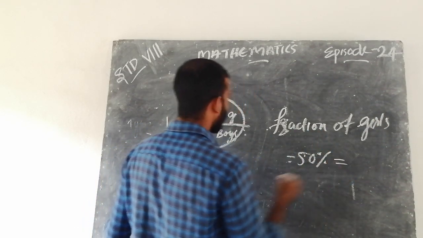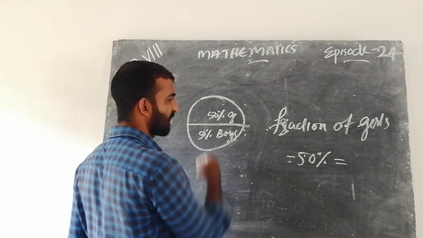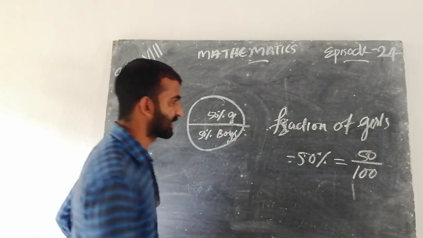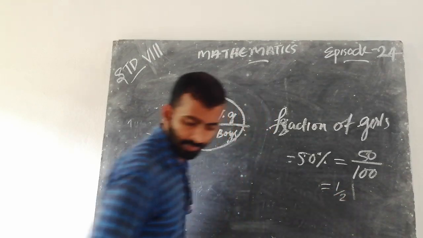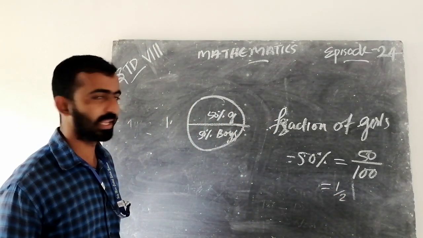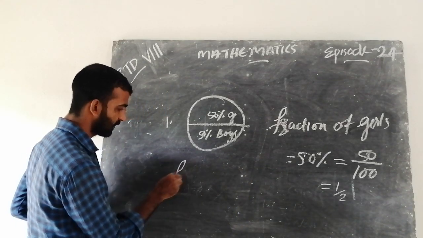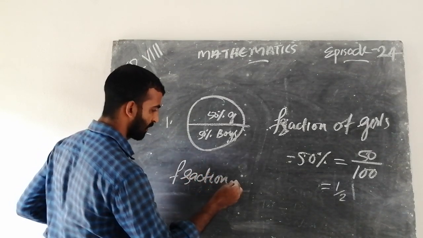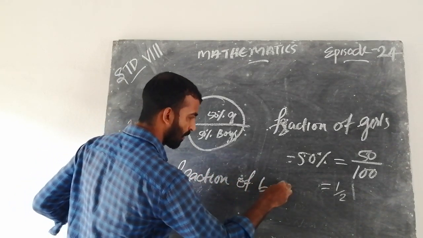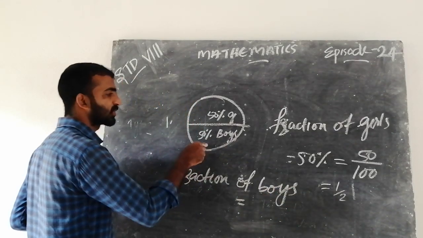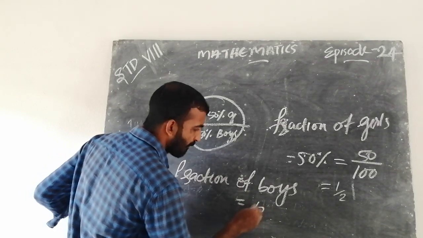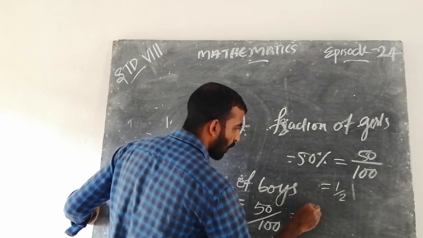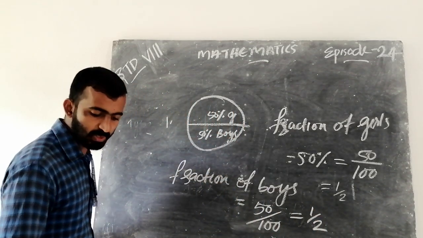That means, what is the total here? 50 plus 50, 100. That is 50 by 100. We can write 1 by 2. Is it? Yes. The fraction of boys: here also 50% boys. So 50 by 100, that is 1 by 2. That is also 1 by 2.